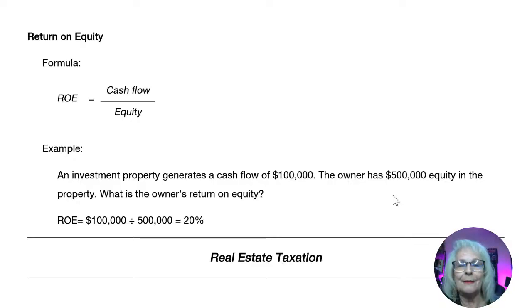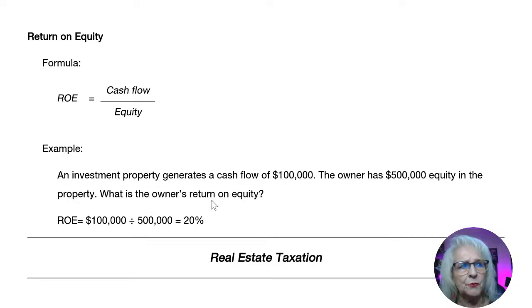So it's the property value appreciating every year. And also, every time they make a mortgage payment, their equity grows because their loan amount reduces, right? So their loan amount keeps reducing, and their market value hopefully keeps increasing.